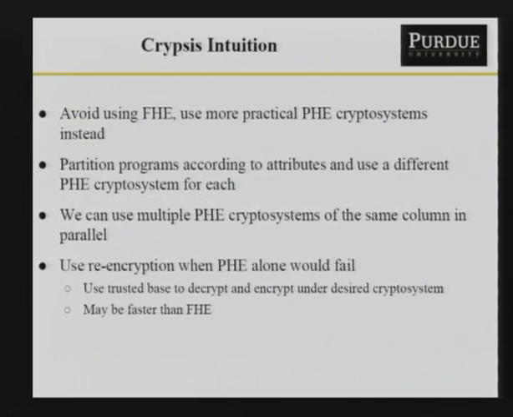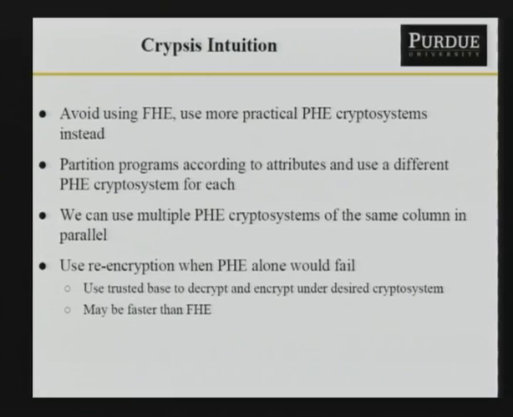Okay, Crypsis is the name of our system. So what's the Crypsis intuition? Well, we try to avoid fully homomorphic encryption to avoid the overhead that comes with FHE. And we instead focus on using PHE, the partially homomorphic encryption. And the idea here is that you can find data flows within your scripts that you want to compute that only use a certain operation.